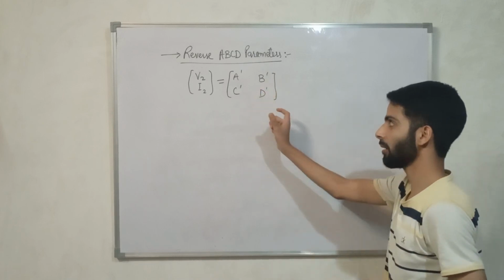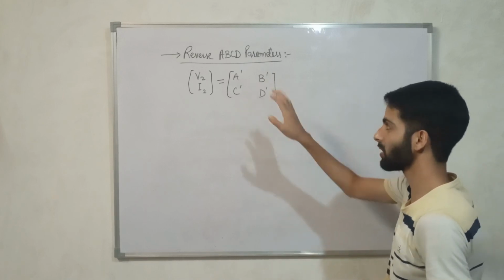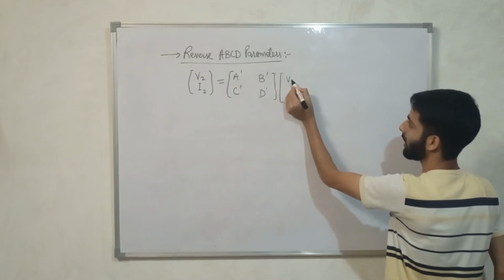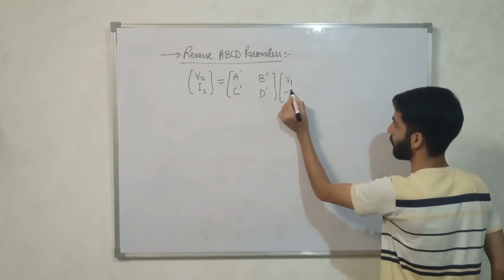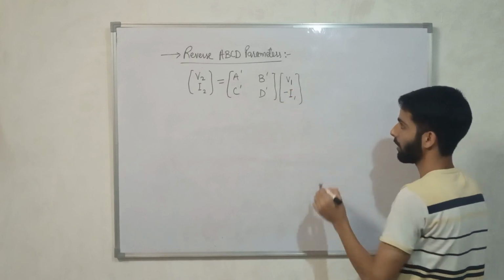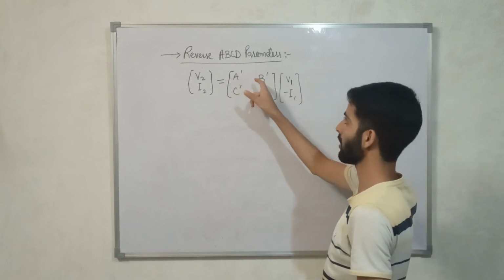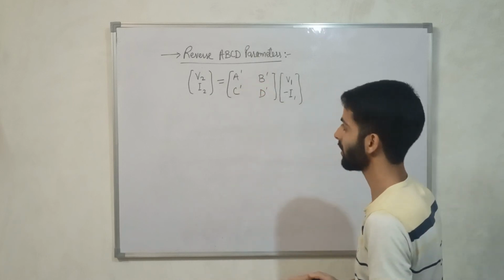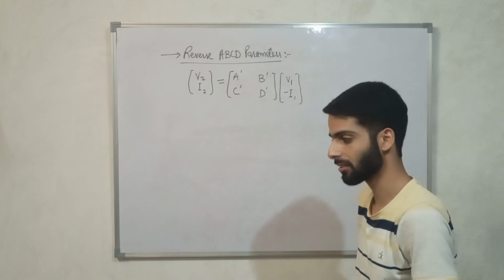So the subscript 1 from the input side will be here on the RHS side, V1 and minus I1, and accordingly we will find those reverse or inverse ABCD parameters individually, and then we shall make the network as we have done in the previous sections.